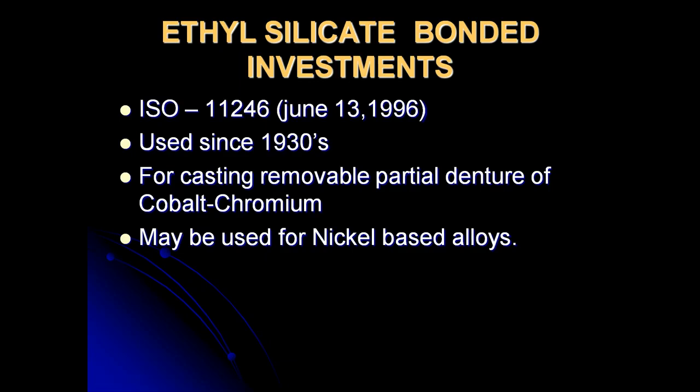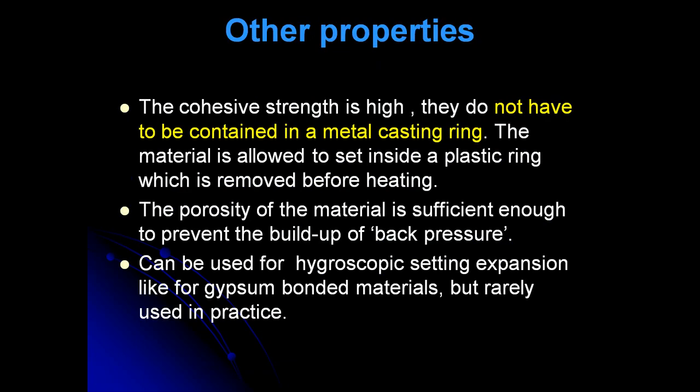Before coming on to the ethyl silicate bonded investment, I have some important MCQs which were asked in your previous examination. Your first MCQ was: phosphate bonded investments are not used for gold alloys. I repeat, phosphate bonded investments are not used for gold alloys.